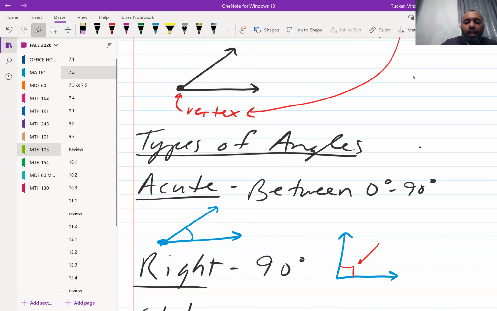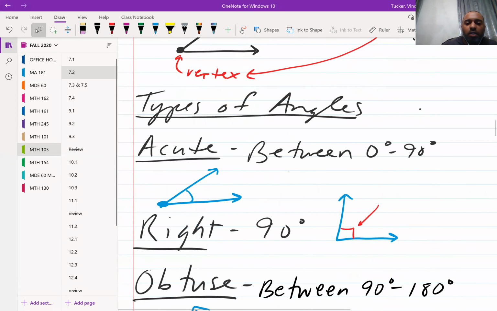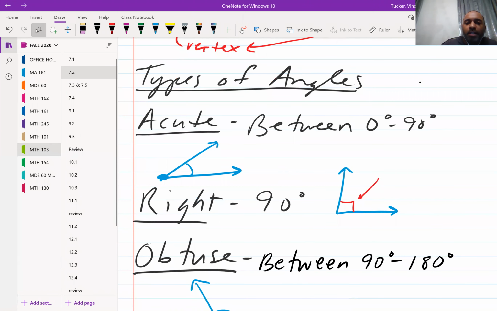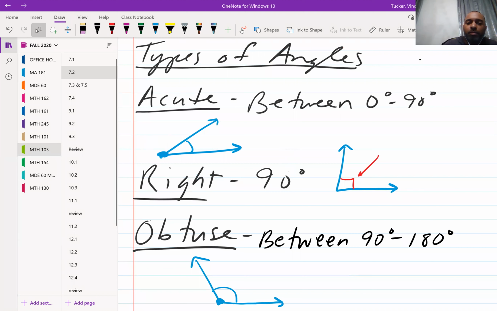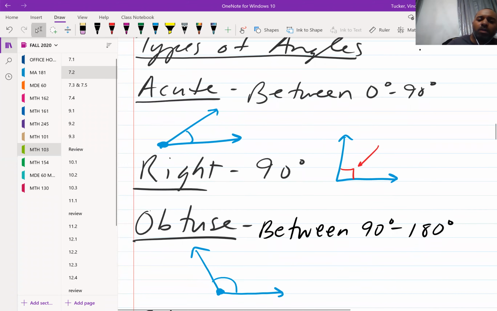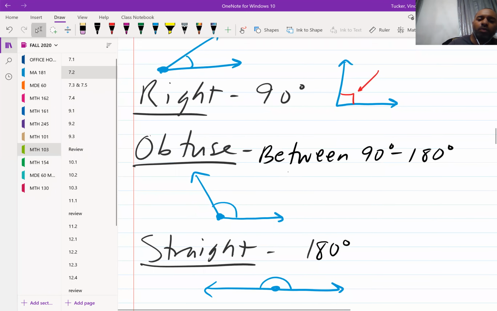An obtuse angle is between 90 and 180 degrees. And a straight angle is 180 degrees.